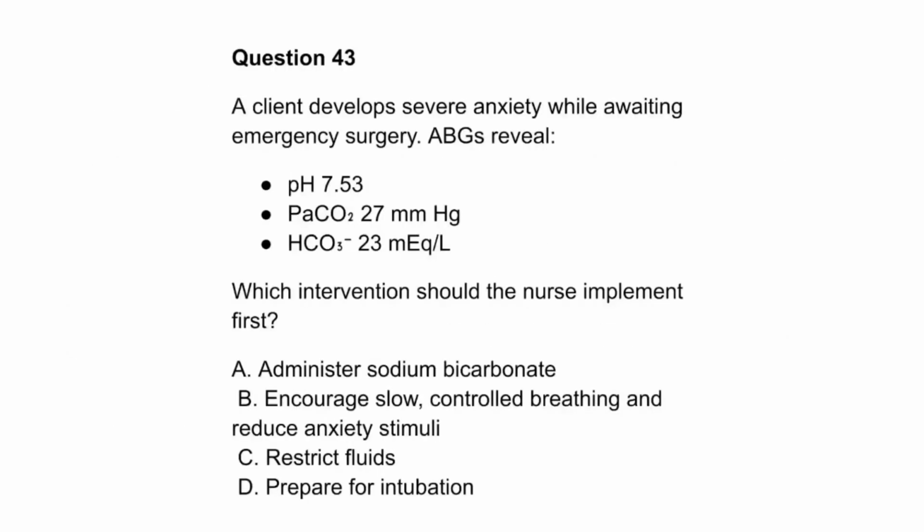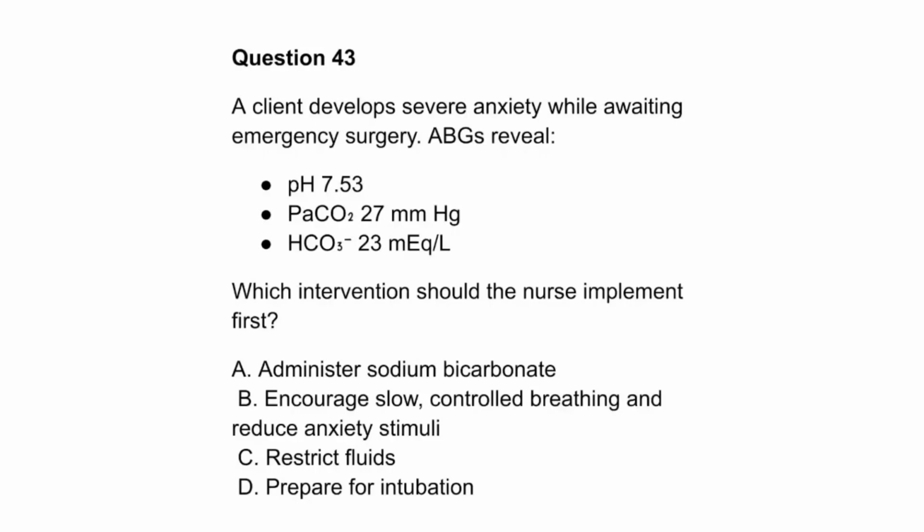Question 43. A client develops severe anxiety while awaiting emergency surgery. ABGs reveal pH 7.53, PaCO2 27 millimeters of mercury, HCO3 23 milliequivalents per liter. Which intervention should the nurse implement first? A. Administer sodium bicarbonate.